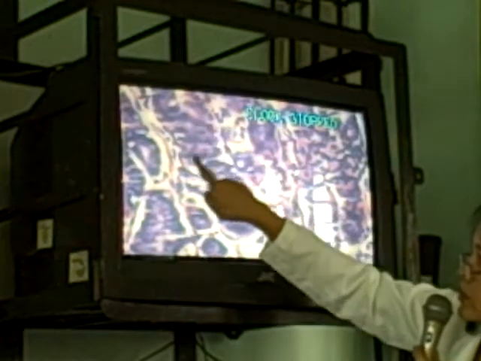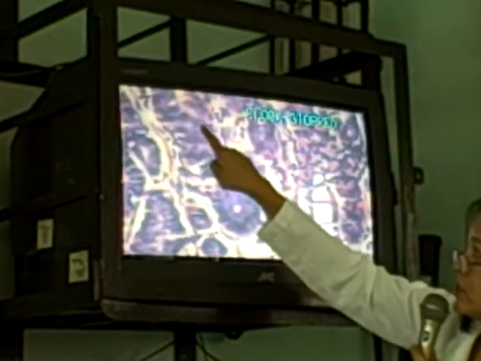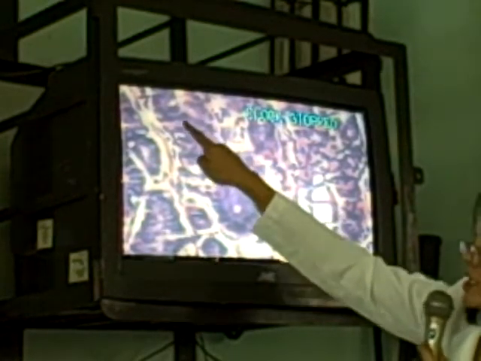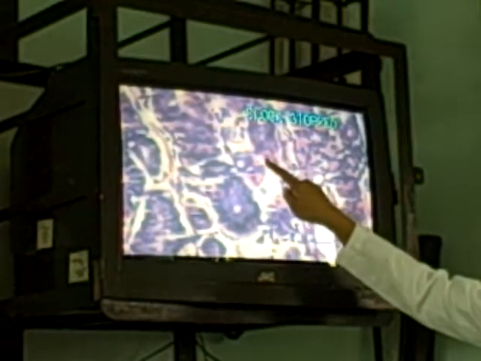Parietal cells, chief cells. At the basal portion, you have here the chief cells, and you have a smaller amount of parietal cells. Your chief cells secrete pepsinogen, parietal cells secrete hydrochloric acid and intrinsic factor. Okay, so that's for your lamina propria.